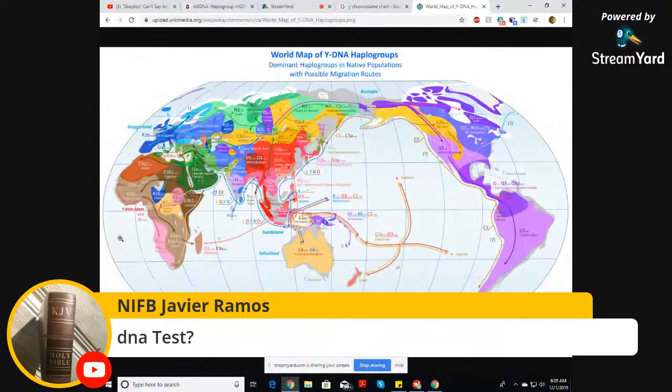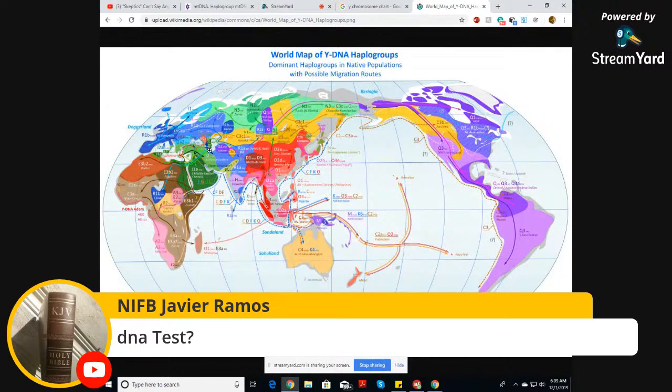There's basically the only thing in Africa is the A, which is here, the B, and the E's. You can see the A's, the B's, and the E's, and of course the R. The R1B would be an immigrant. The R1B got R1Bs up here and down here too.